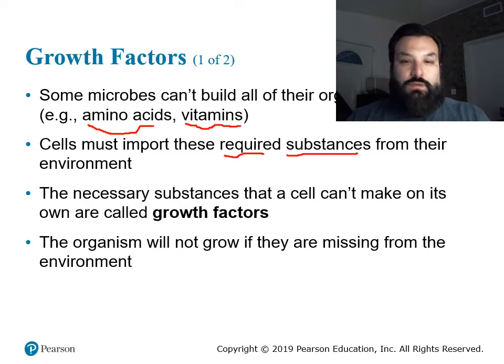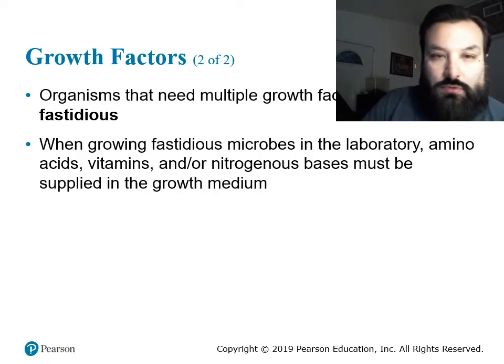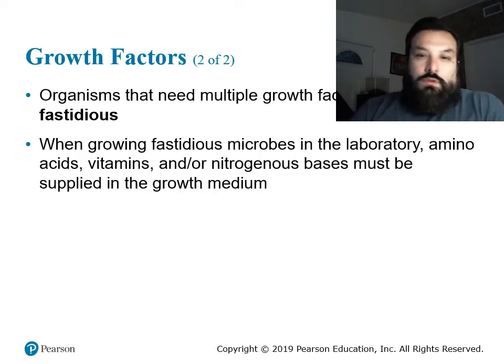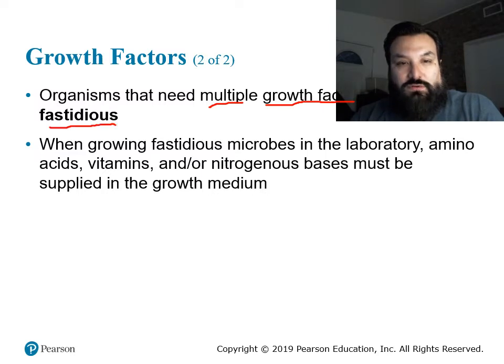The things that a cell can't make but needs to grow and reproduce are what we call growth factors. When we take those growth factors away, the organism doesn't grow. When an organism needs many growth factors, we call it a fastidious organism.